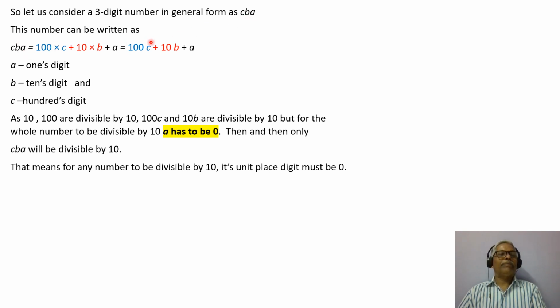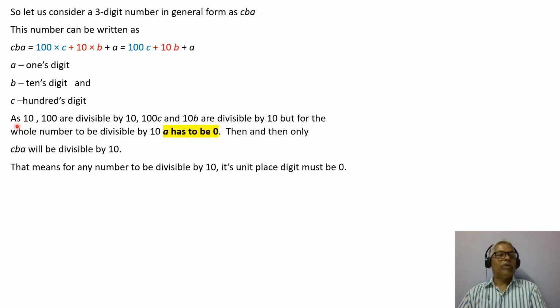This number can be written as 100 into C plus 10B plus A. That means 100C plus 10B plus A. We are familiar with this. Now look at it. A is the units digit, B is the tens digit, and C is the hundreds digit.